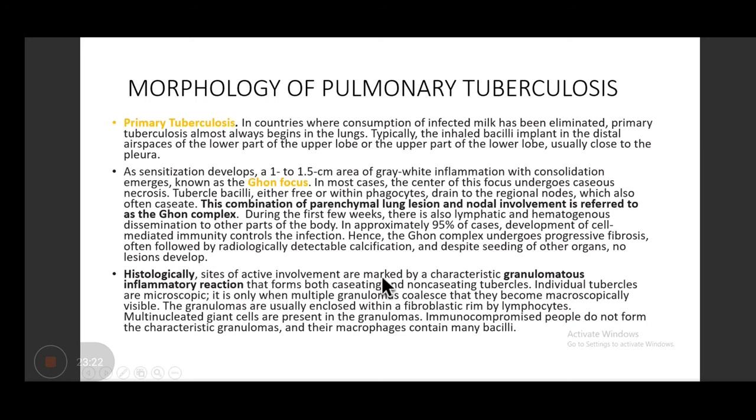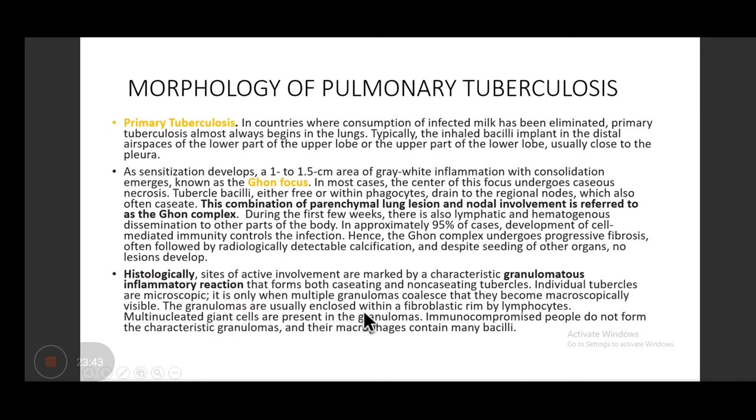Sites of active involvement are marked by characteristic granulomatous inflammatory reaction that forms both caseating and non-caseating tubercles. That is the granulomas. Individual tubercles are microscopic. It is only when multiple granulomas coalesce that they become macroscopically visible, right?